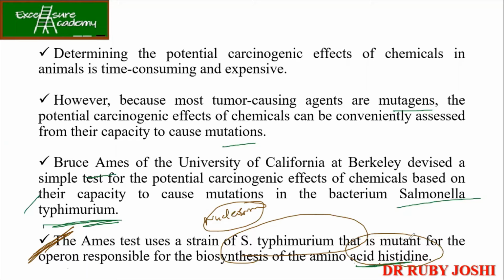It is a mutant for the operon responsible for the biosynthesis of the amino acid histidine, that is, it cannot synthesize histidine. Okay? If a chemical agent is a mutagen, what will it do so that you will understand that it's mutagenic in nature to the Salmonella typhimurium?